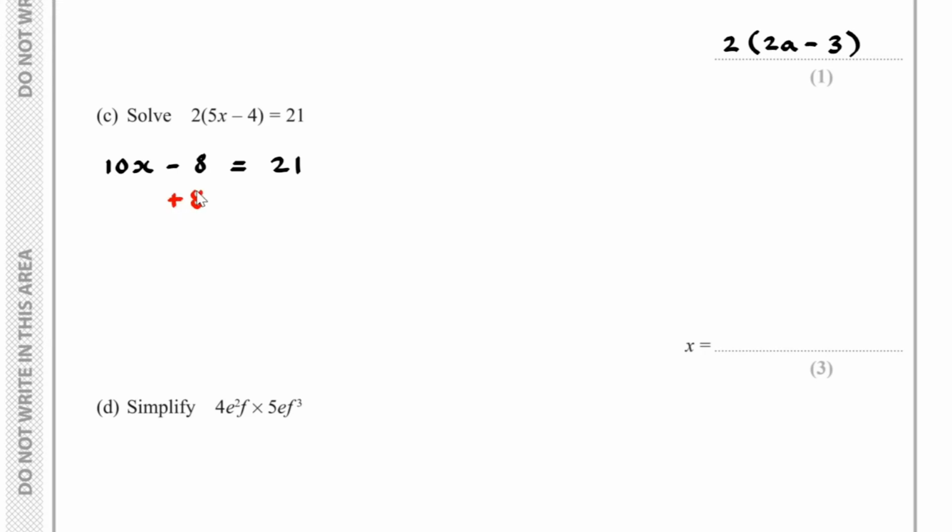If I add 8 to both sides, that means 10x is equal to 29, and if we divide both sides by 10, then what we end up with is x equaling 2.9.